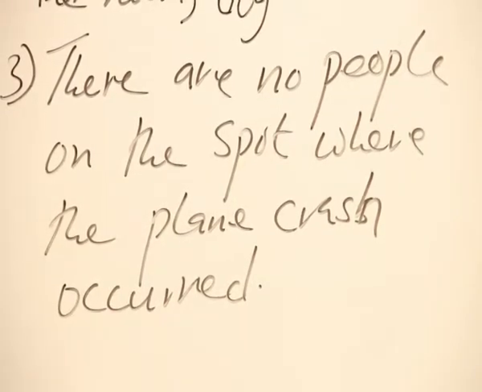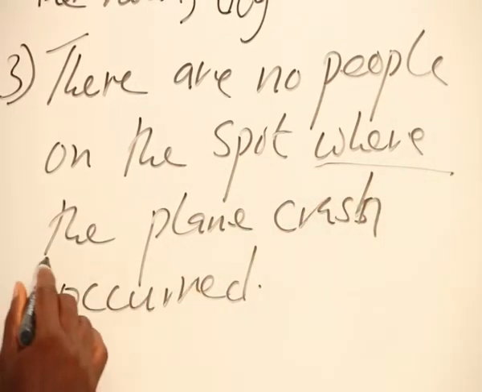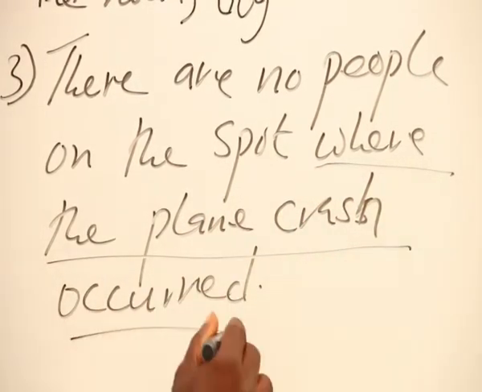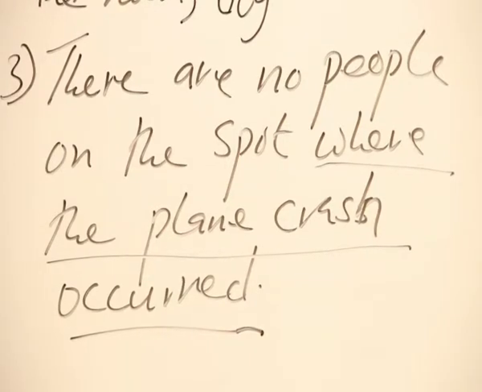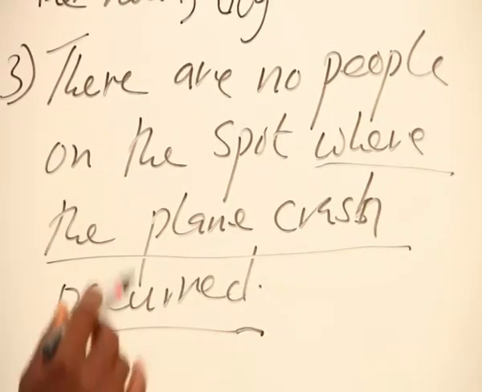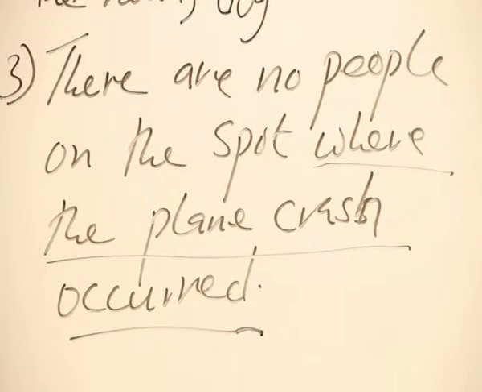There are no people on the spot where the plane crash occurred. Alright, so that is our adjective clause or our relative clause describing spot. There are no people on the spot. Which spot? The spot where the plane crash occurred.